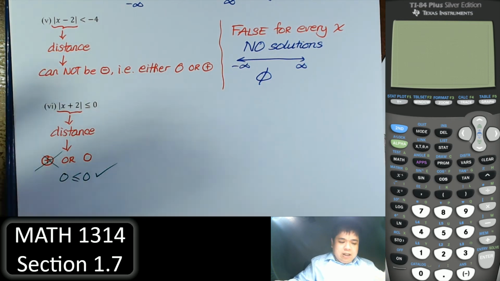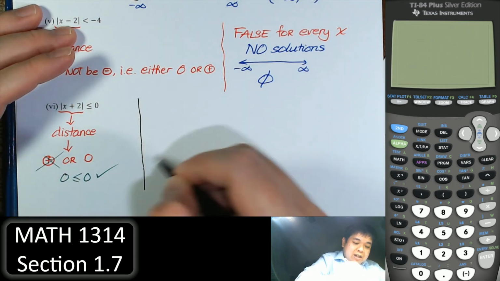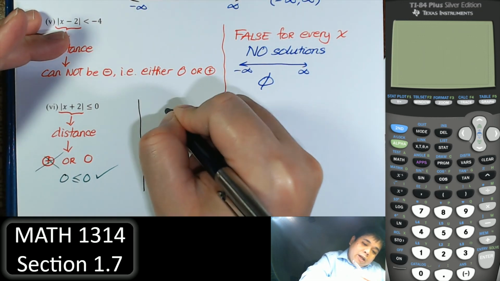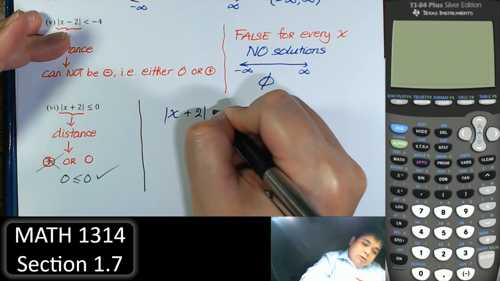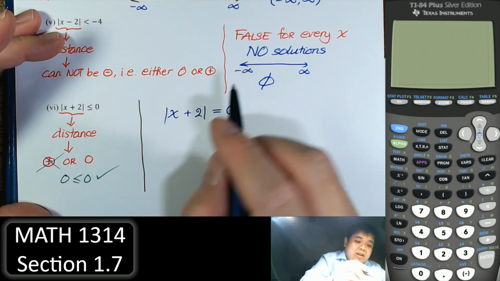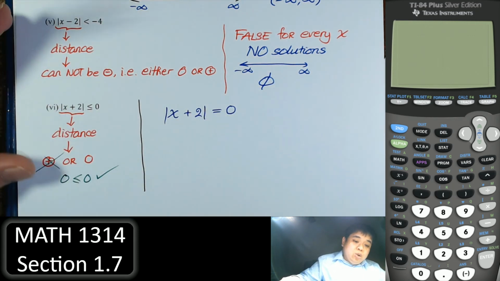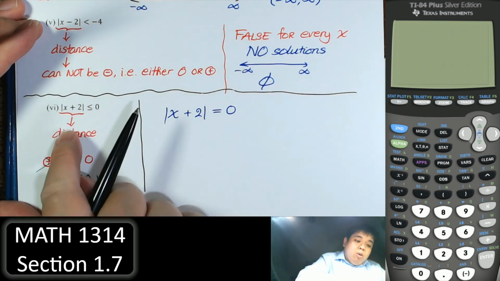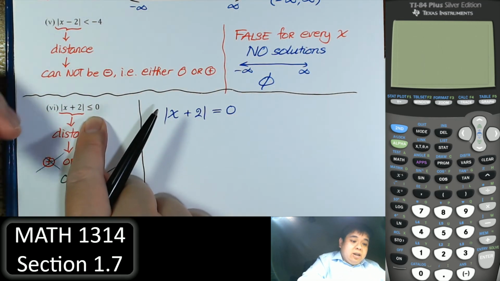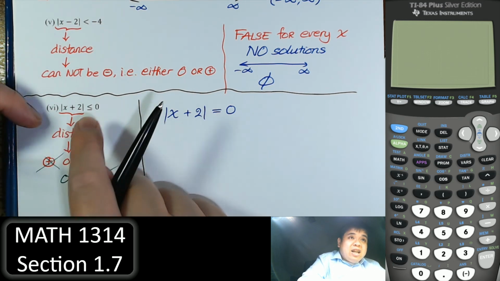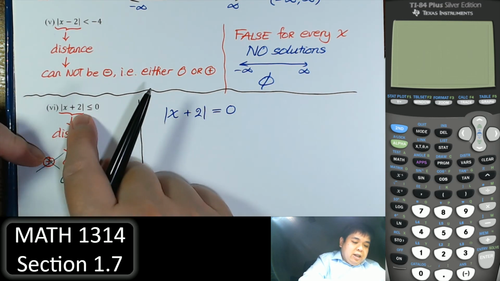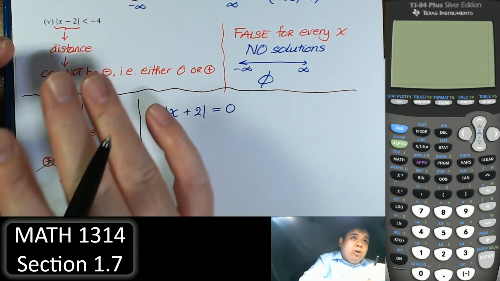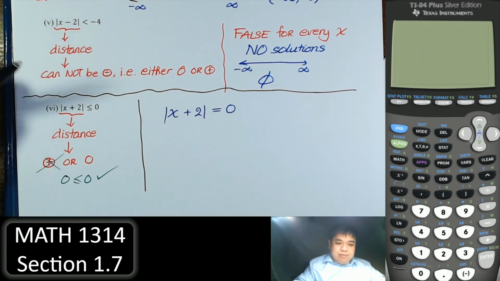So the only case that works here is that the absolute value of x plus 2 has to be equal to 0, because that is the only chance for this inequality to work. If it is greater than 0, positive is not less than or equal to 0, so that would be false. If you have 0 there, 0 less than or equal to 0, so it's good.